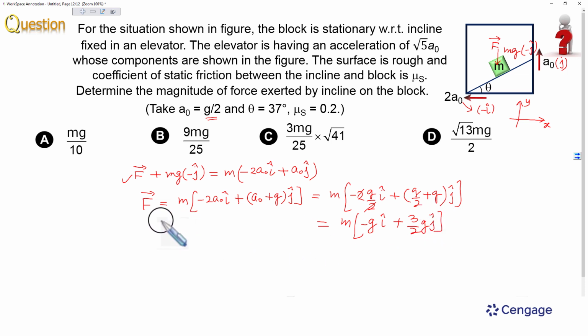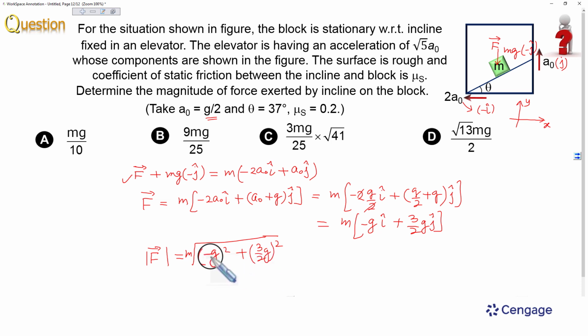But we are interested in the magnitude of this contact force, so let us take the mod of this. The mod of F is equal to m times the square root of minus g squared plus 3 by 2 g whole squared.